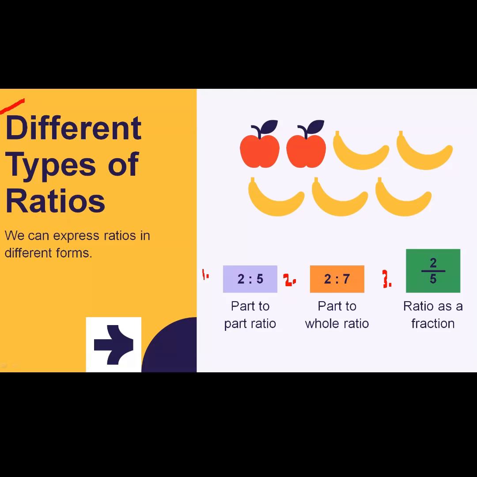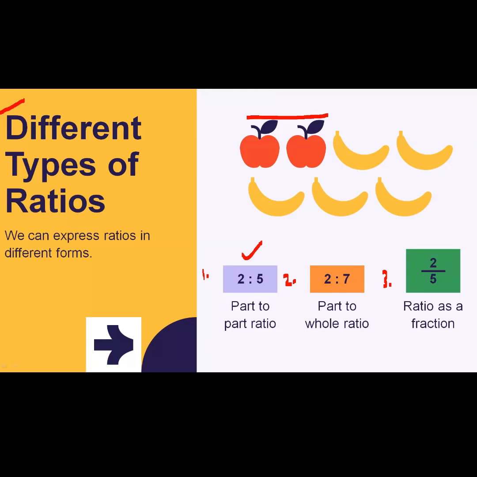If we have 2 apples and 5 bananas, in part to part ratio the first part is the apple part, that would be 2, and the second part is the banana part, that will be 5. So we write 2 ratio 5.